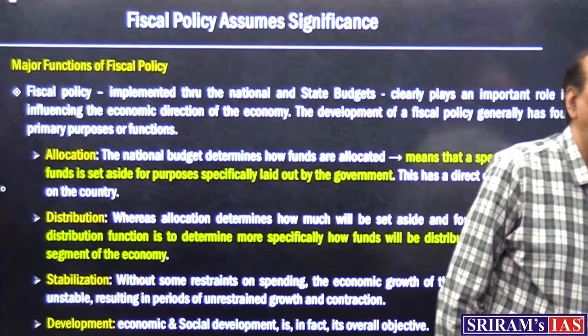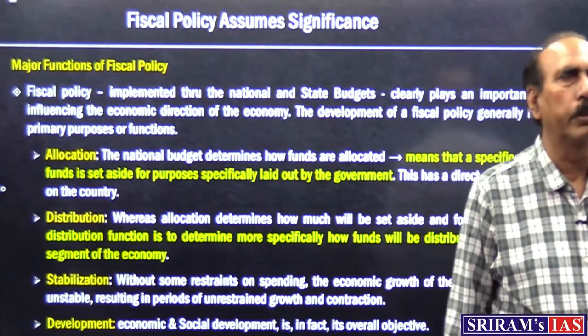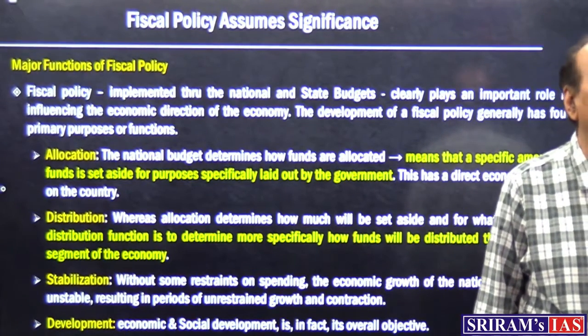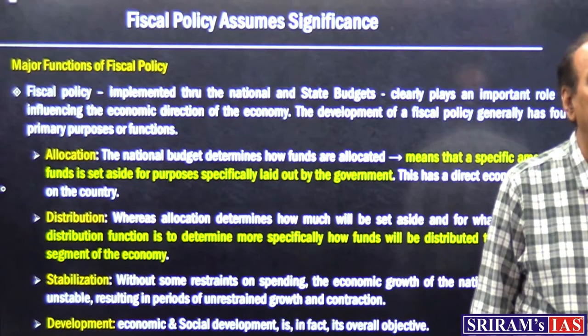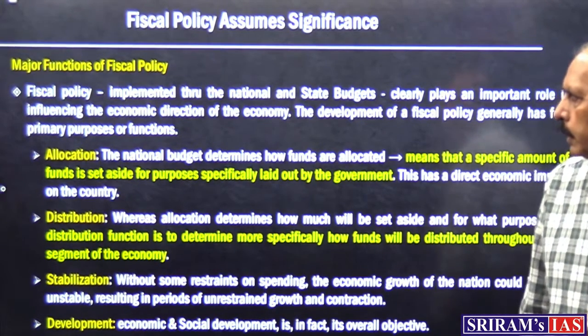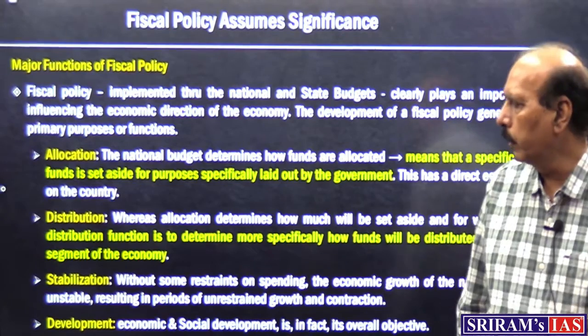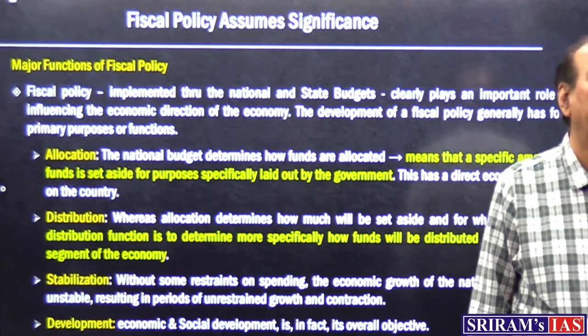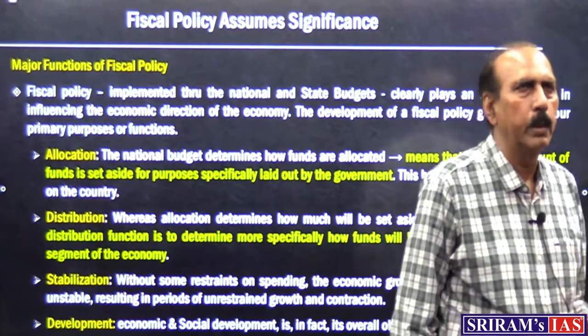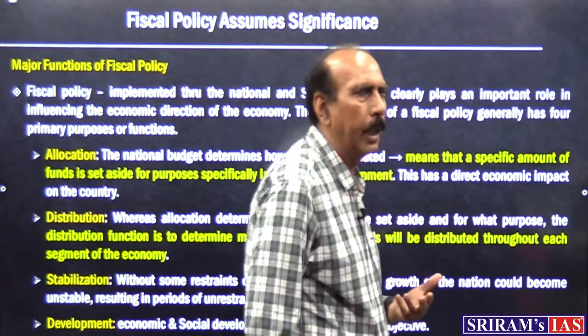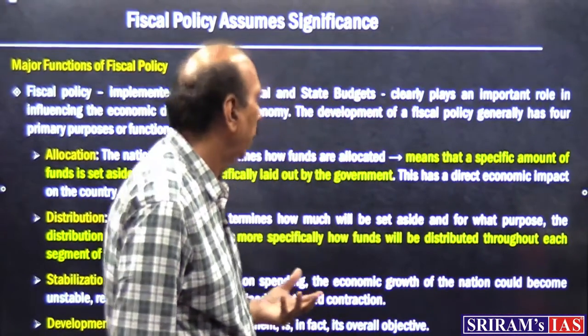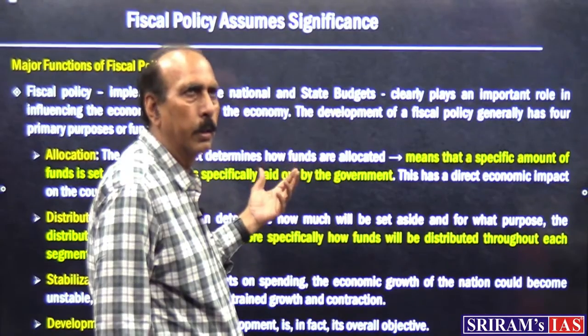The major function of the fiscal policy, which is accomplished by the government through budget, is obviously the allocation, distribution, stabilization and development. Every government, when they present the budget, they allocate the resources under various heads.